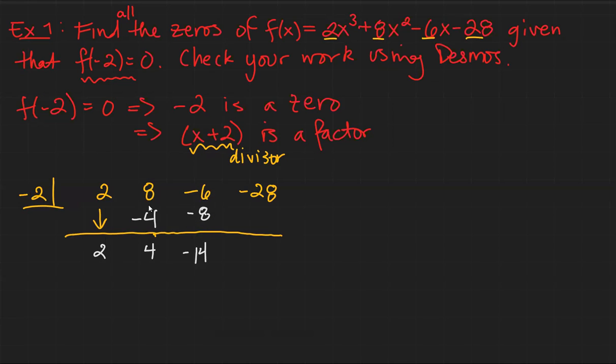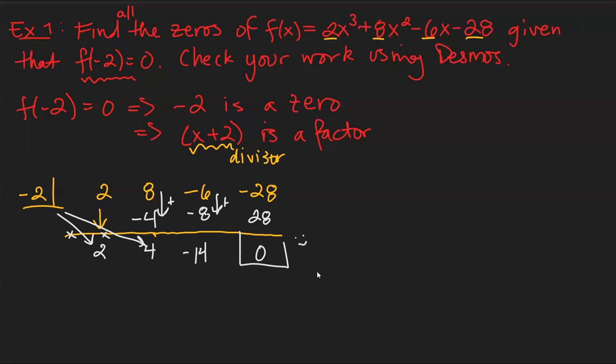Hopefully you're remembering how to do this from 5.5b. We add downwards, and then we take the -2 and multiply every single time with the numbers below. Remember those arrows we used a lot when we were first learning this. -2 times -14 is positive 28, and good, we've confirmed that it is definitely a factor because we got a remainder of 0.